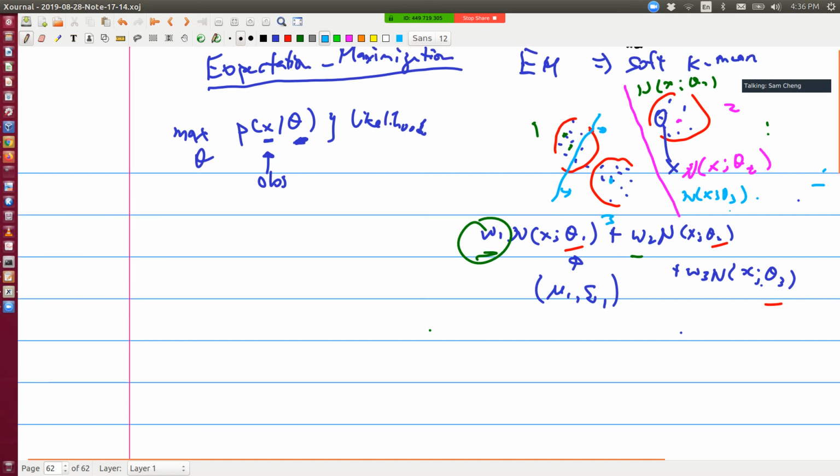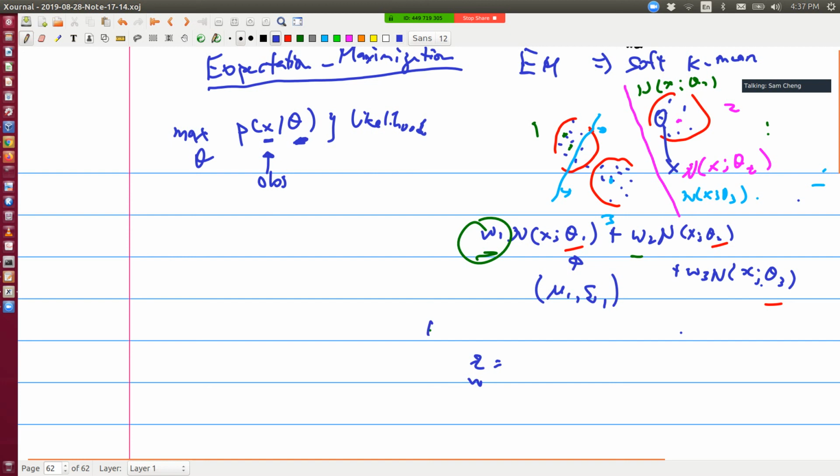So when we have hard K-means, this one definitely belongs to cluster 2, but if we have soft K-means, the weight for the membership for cluster 2 will be given by... let's say Z here is the label for the membership.